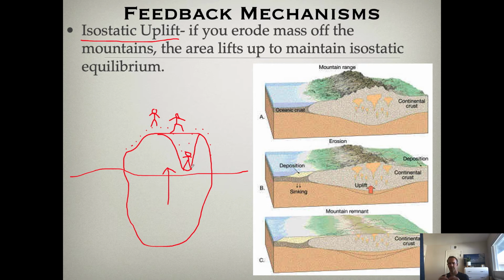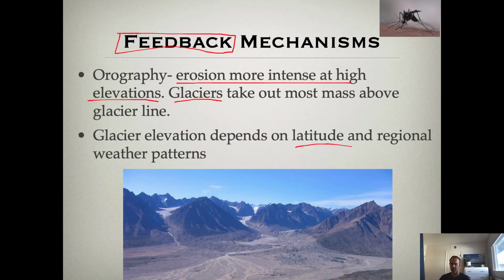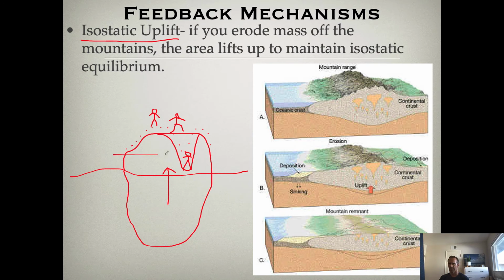So what happens with isostatic uplift is the peaks actually get higher as you dig these valleys deeper. If you were to completely plane this whole thing off, right, then the whole thing comes up, and you'd have very little net change. You would actually decrease your average elevation, but if you're eroding in specific spots, your maximum elevations actually increase.